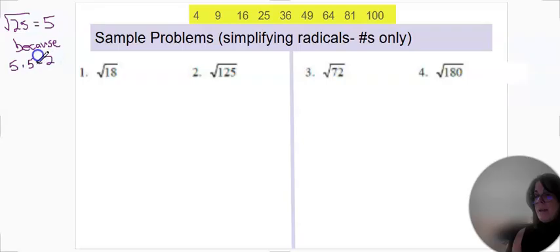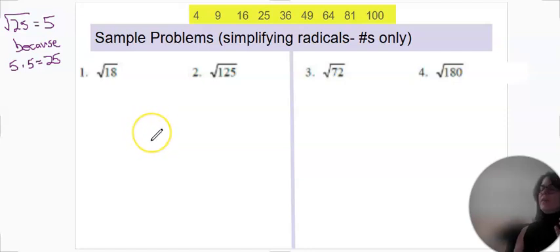So the problem now is that these aren't perfect squares, and you're going to be asked to simplify them. So you're going to make them with the smallest number under the radical as possible.